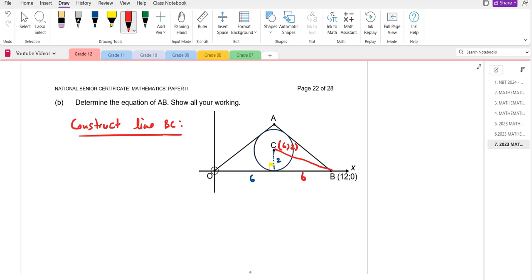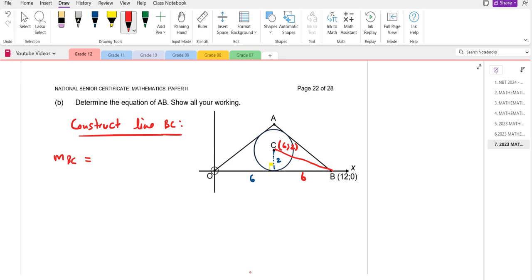How can we solve this? What we have here is (6, 2). Let's find the gradient of BC first, because those are the only two coordinates given.